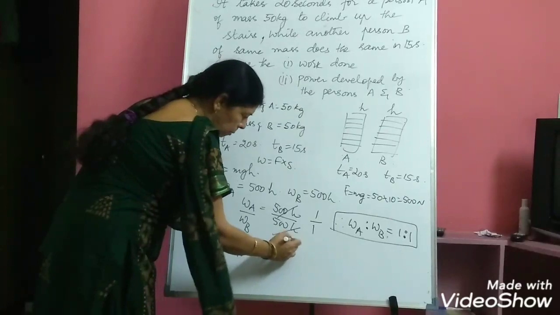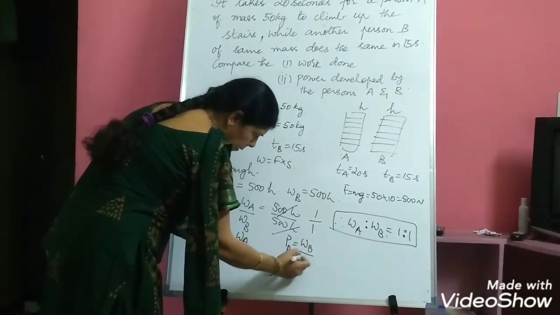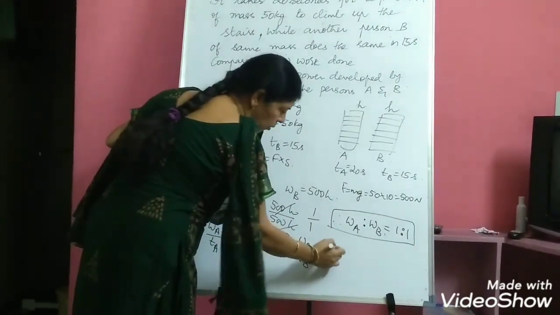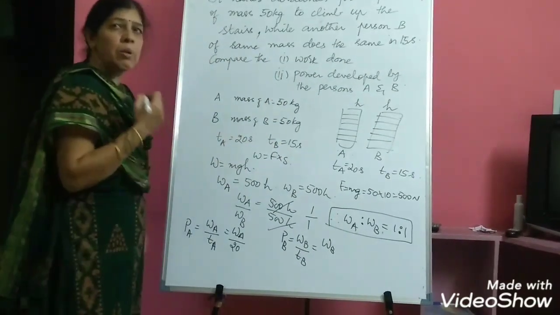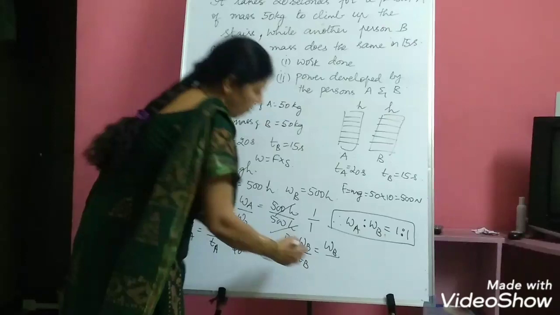Power developed by B is equal to work done by B divided by time taken by B, WB by 15 seconds.